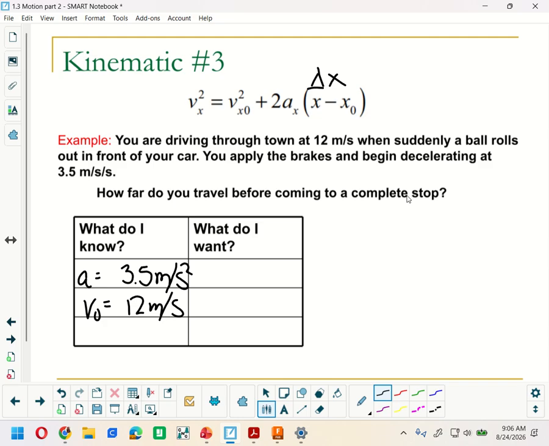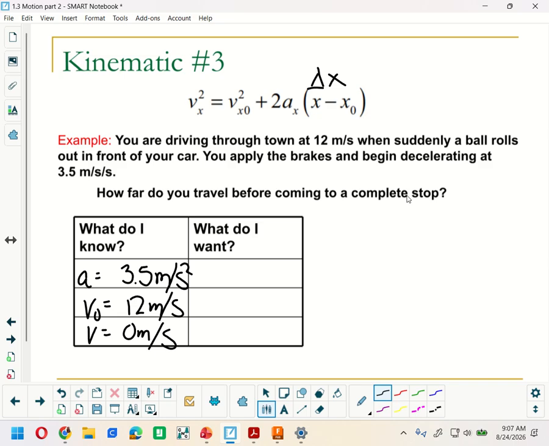What is my ending velocity? 0. Why is it 0? Because you are going to a stop, right? Anything else? That's it. That's all we need.